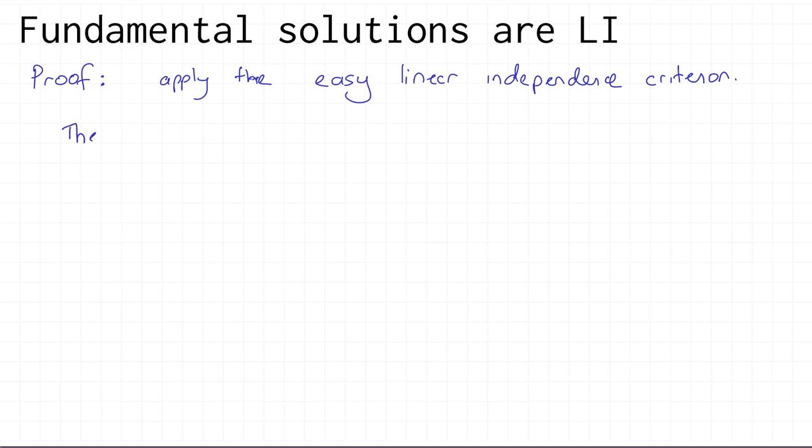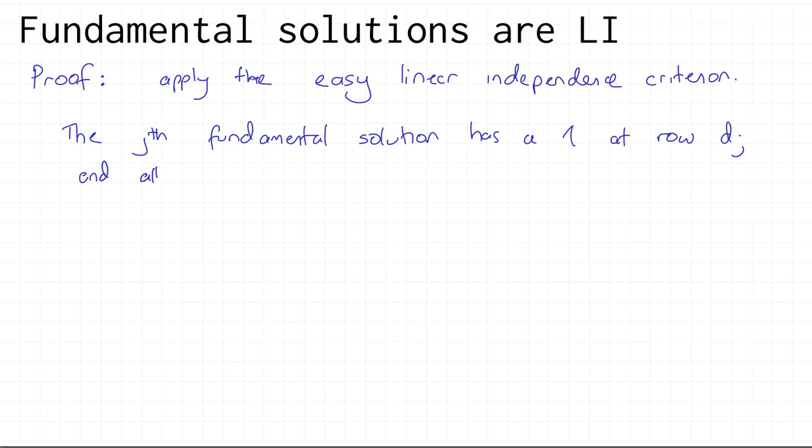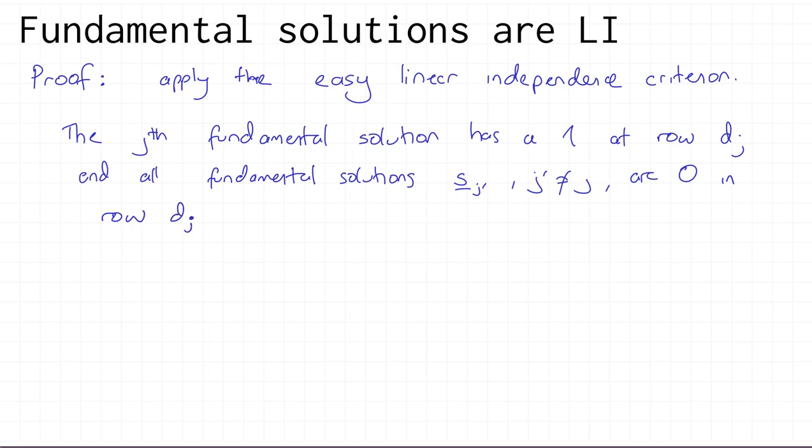The jth fundamental solution has a 1 at row Dj, and all the other fundamental solutions, say Sj prime, where j prime is not j, are 0 in row Dj.